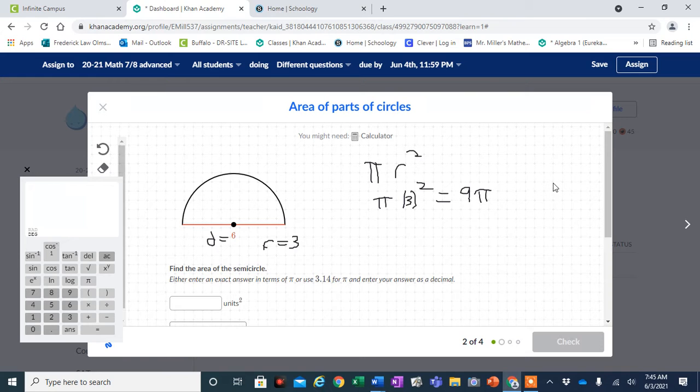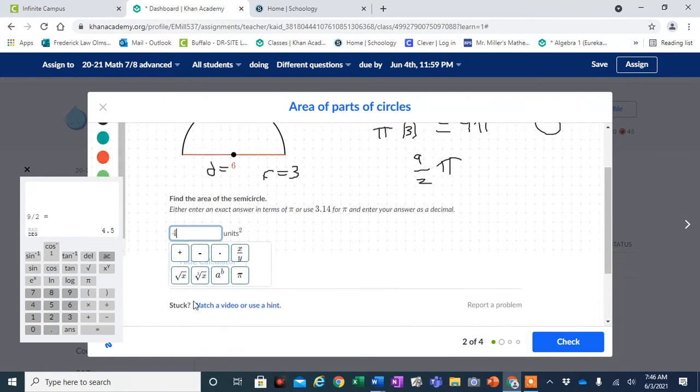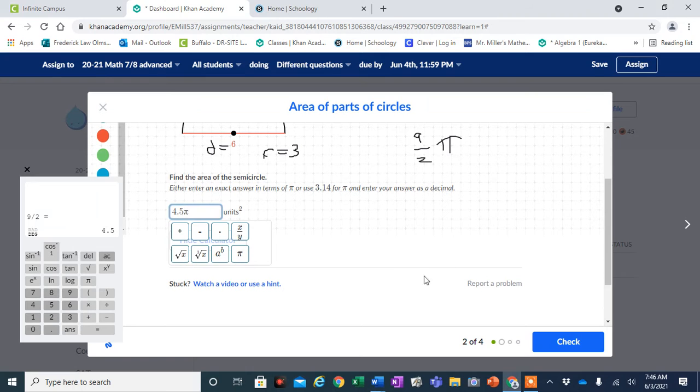Remember, this is the area for a whole circle. We don't have a whole circle. We have half of a circle. So we take 9 and divide it by 2, and keep the pi symbol. 9 divided by 2 is 4.5, and we keep the pi symbol.